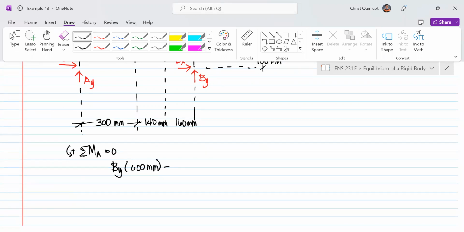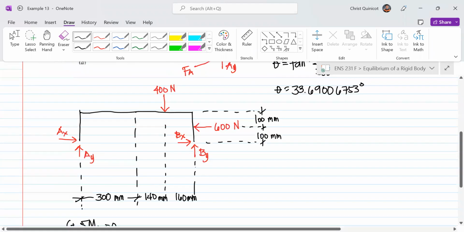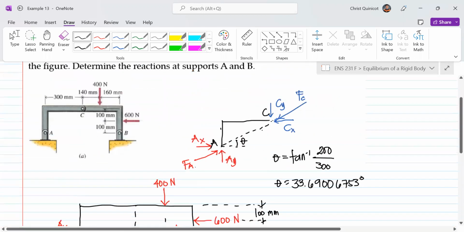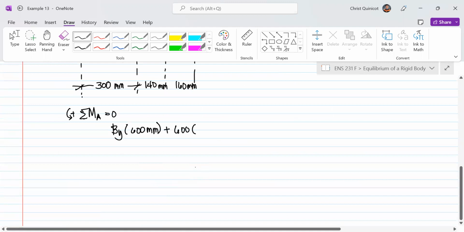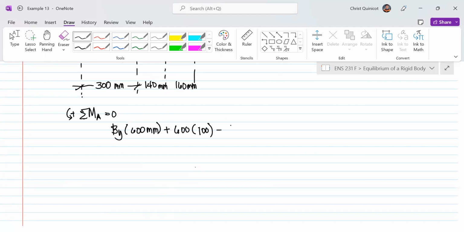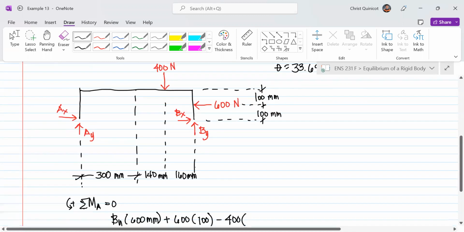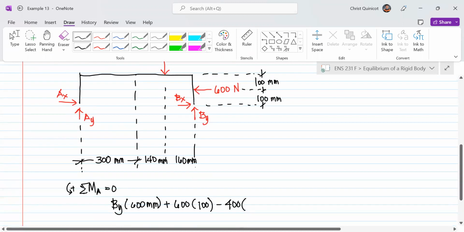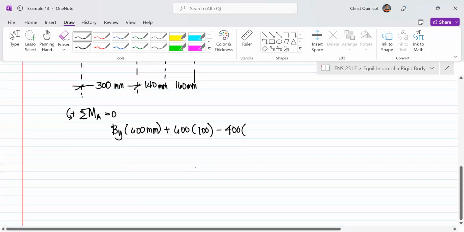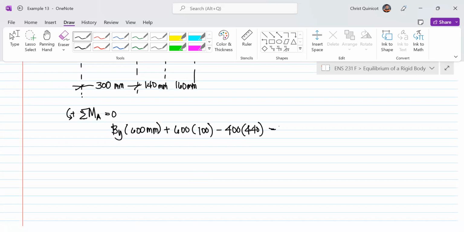Plus 600, because the 600 Newton also creates a counterclockwise moment, and its perpendicular distance from A is 100 mm, minus 400, which is the only force that causes a clockwise moment, and its perpendicular distance is 300 plus 140, so that's 440, equal to 0.